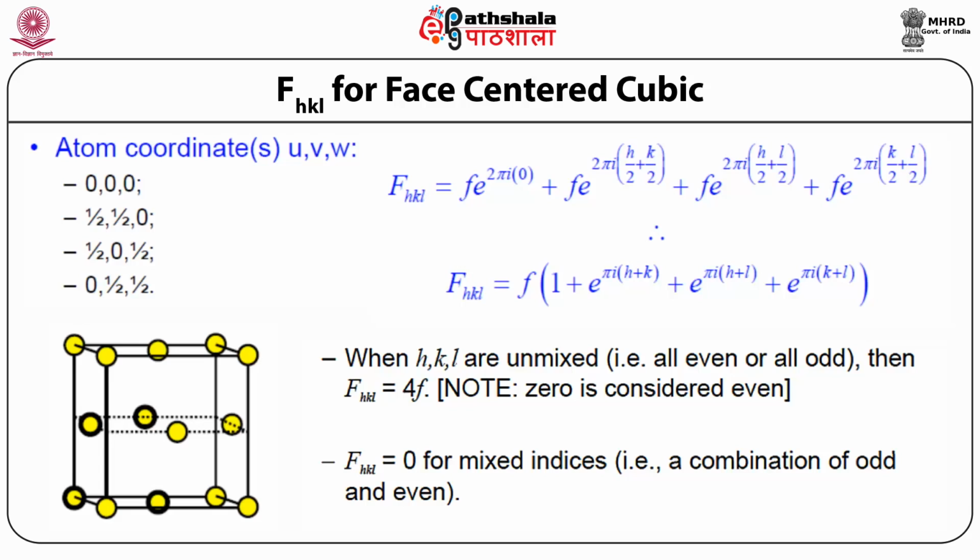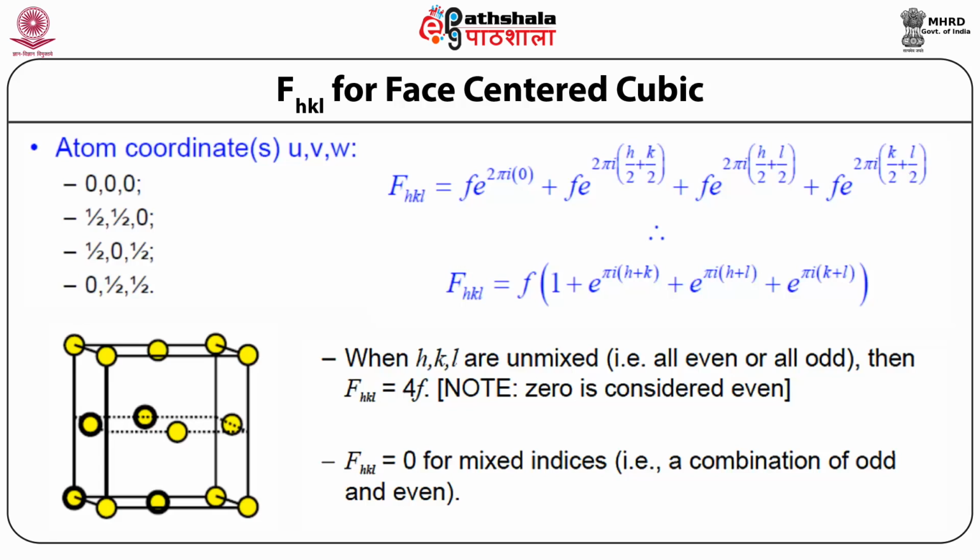Now we can see that HKL has to be either all even or all odd. In that case, if they are all odd or all even, the above relationship will exist, because then it will be 1 plus 1 plus 1 plus 1, which is 4 times f.